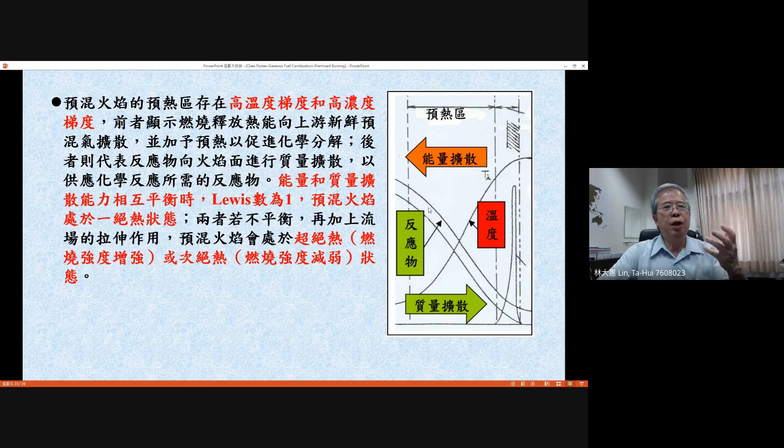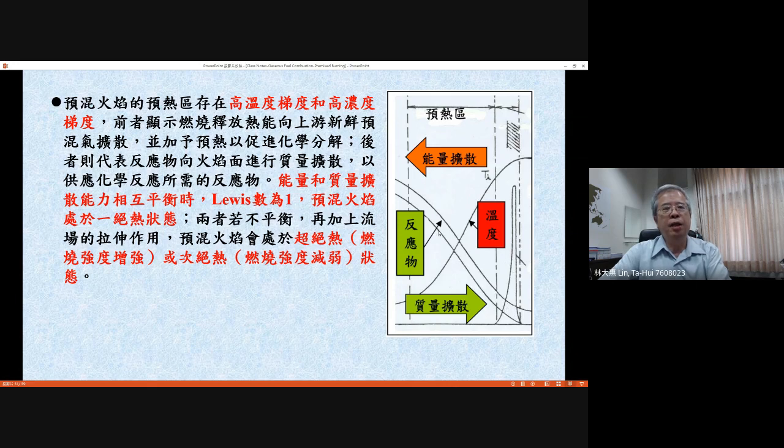Okay, and this reflects that there is diffusion transport in the preheating zone, which can be described by so-called Fick's law. Fick's law tells you the mass diffusion strength can be described by the concentration gradient coupled with the mass diffusivity of the species you have. The gradient tells you the high concentration region is in front of the preheating zone, and most of the reactants will be consumed, reduced to the minimum value.